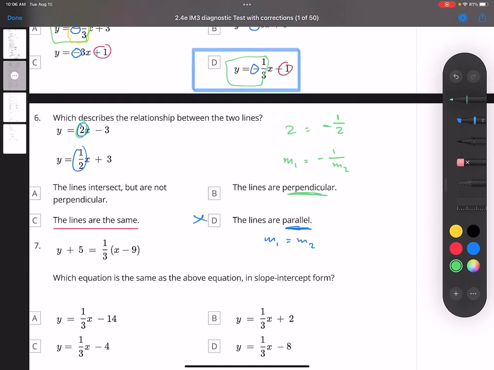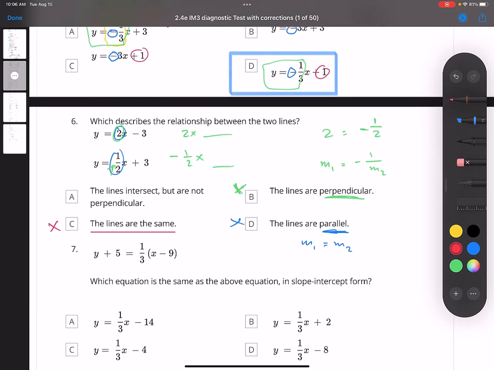And it's not a negative. You'll see there's no negative, so this is not perpendicular. So if it was a correct one, it would have been something like this. These 2 equations, it doesn't matter what they have for their y-intercept, they would have been perpendicular. So the answer for this one is A.